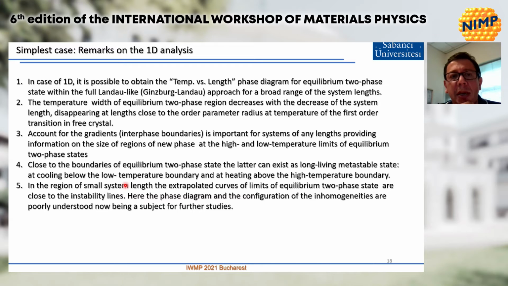So this was the first part, where we analyzed in a one-dimensional simple case the phenomenon of phase coexistence, assuming a weak first-order transition. In finite systems, we have to account for the gradient on interface boundaries, because they do determine whether you will be able to observe a phase transition or not, depending on your system size. Especially for small systems, these boundaries are costly, so the transition is pushed further to lower temperatures.